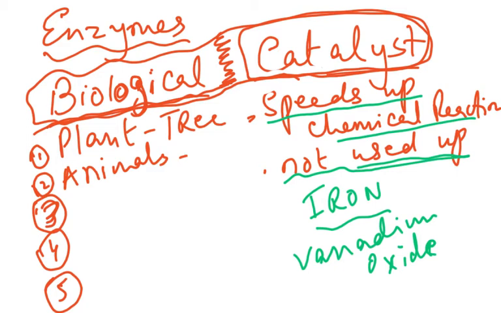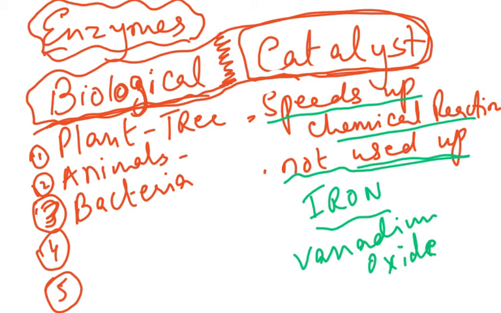But then what about the yogurt that you had for lunch? That contains bacteria. So what I am trying to tell you is that when you think of enzymes, you've got to think, where are they found? They're found in plants: trees, a rose bush, a mango tree, an apple tree. They're found in animals: a lizard, a monkey, a cockroach, a frog, a gorilla, an elephant.